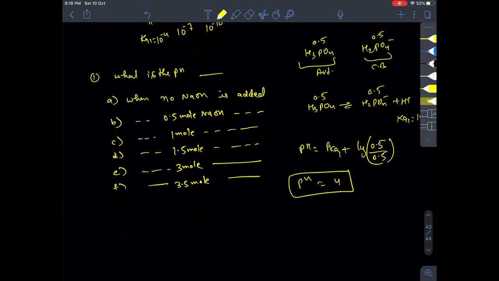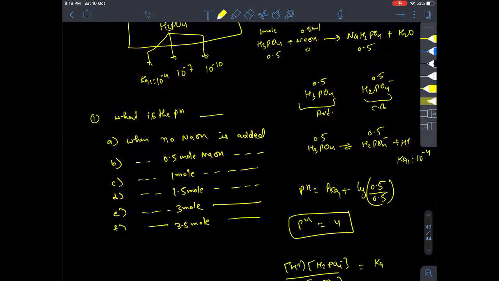All right. So this is how I applied the formula. Now let us solve it as simply as possible. If you do not know the formula, no need to worry. So you will write H plus ion into, simply use the equilibrium, H2PO4 minus whole divided by H3PO4. And that value is what? Ka1.